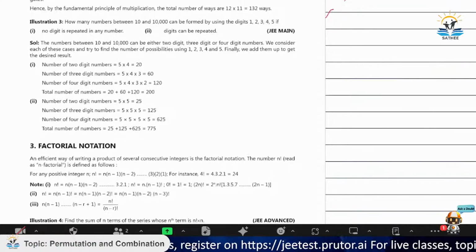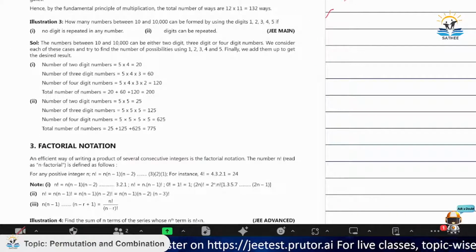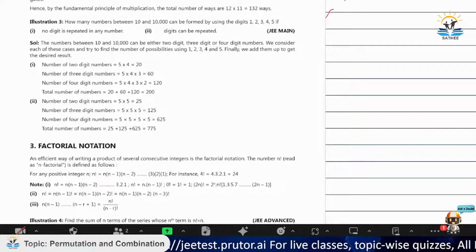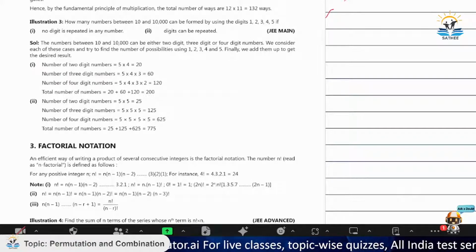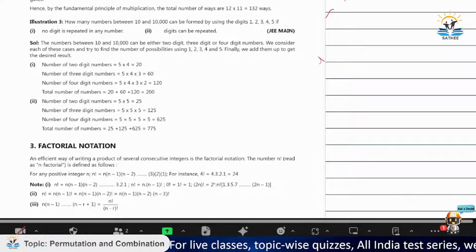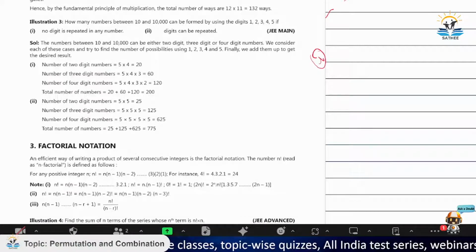Moving on, how many numbers between 0 and 10,000 can be formed by using the digits 1, 2, 3, 4, 5. In the first case no digit is repeated, and in the second case digits can be repeated. So let's take the first case where no digit is repeated, right? So I have to make it between 10 and 10,000, right? So let's see how does it go.